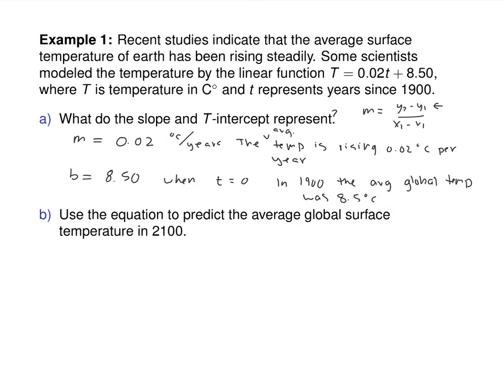So use this equation to predict the average global surface temperature in 2100. So what do we plug in for lowercase t? 200. Yes, 200. So capital T will equal 0.02 times 200 plus 8.5.